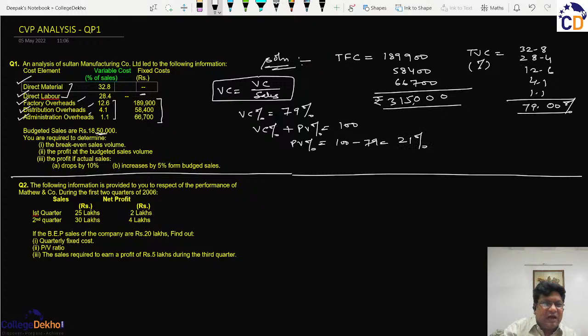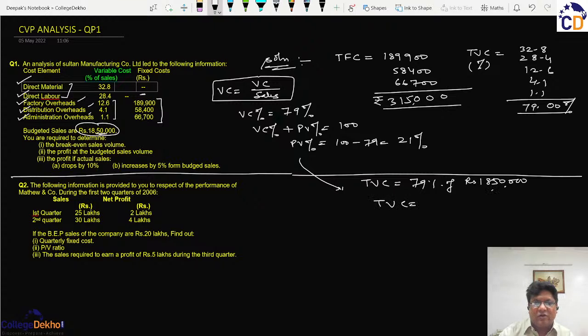So it implies that out of the total sales of 18,50,000, if we carry forward the solution in the lower part, the total variable cost will be 79% of the total sales. Therefore, the total variable cost is 18,50,000 multiplied by 79%, which comes out to be 14,61,500.